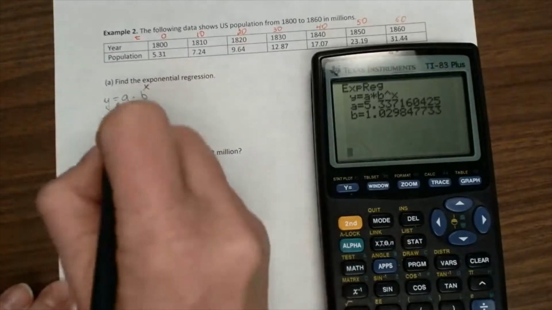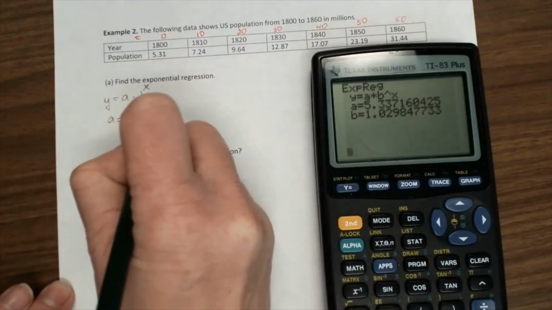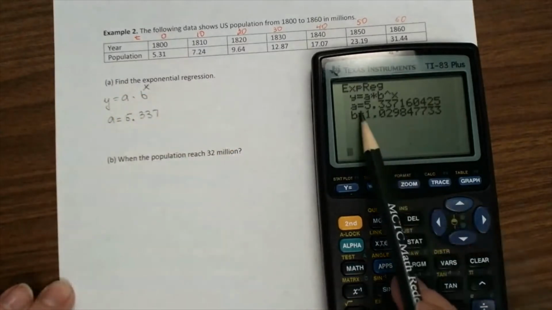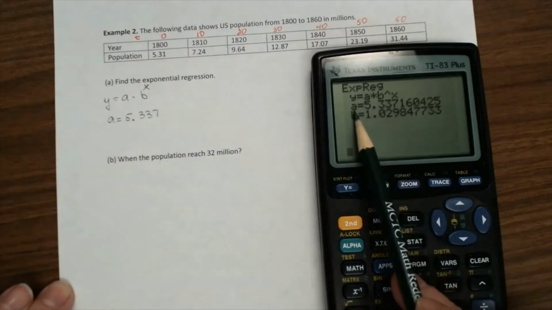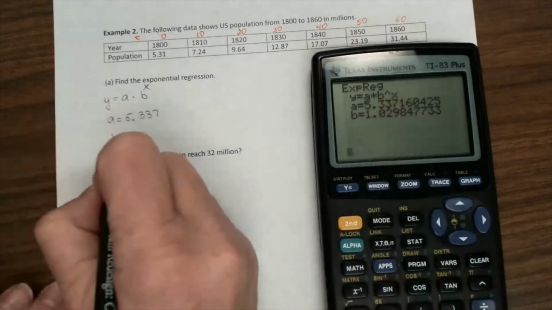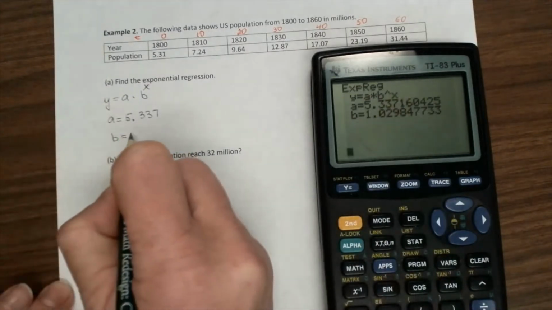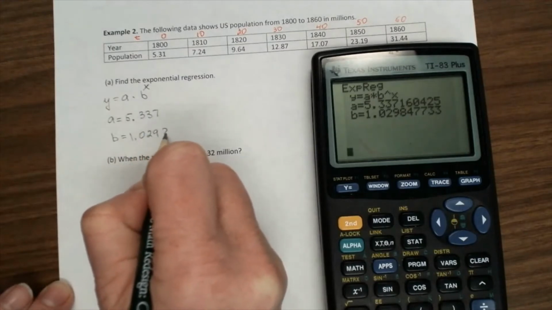We'll look at a. A is 5.337. You need to round your initial value to 3 decimal places. And b is your factor, that is 1.0298.